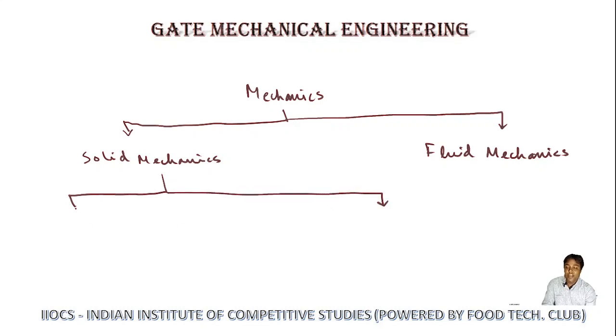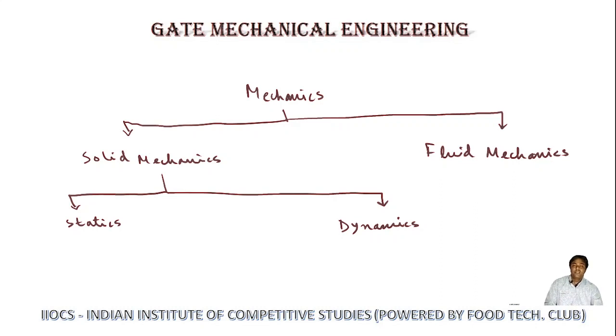One is statics, another one is dynamics. So these are the two parts of solid mechanics, one is statics and the next one is dynamics, whatever you can call it. So what is statics?